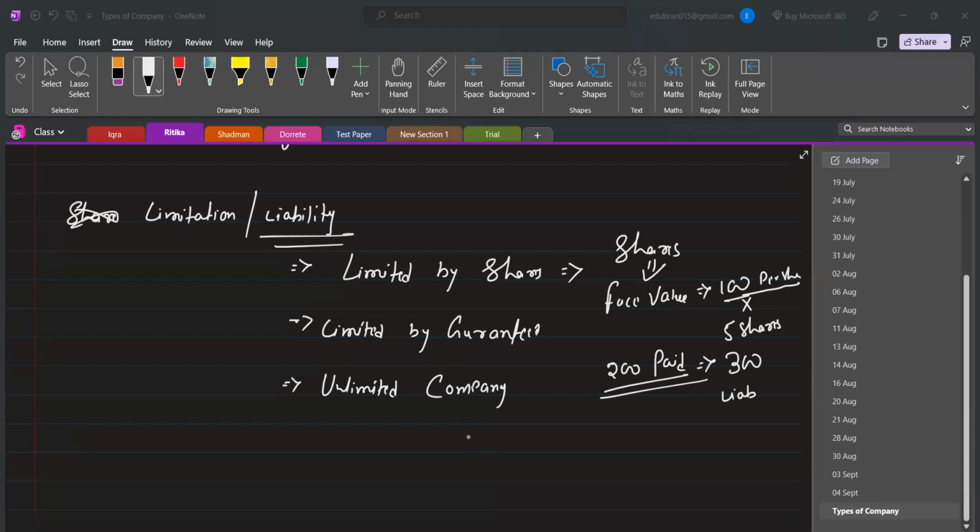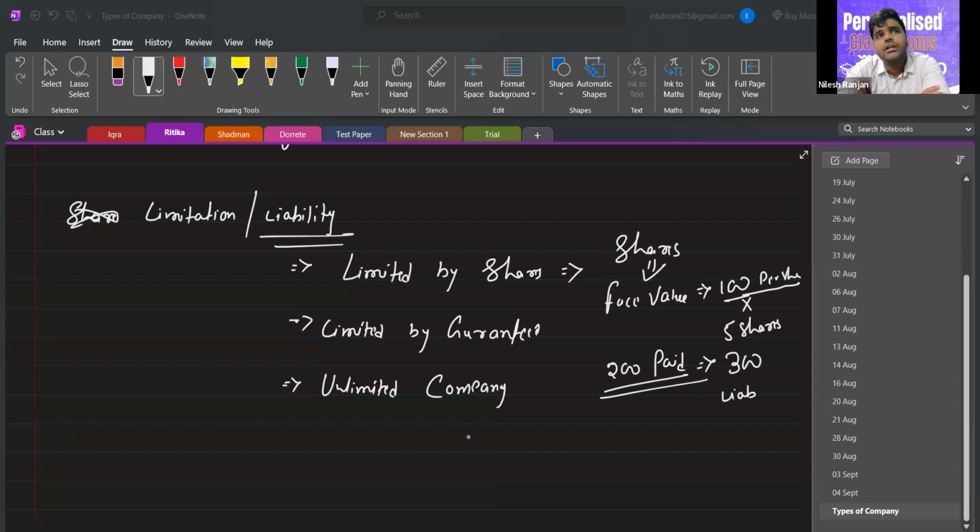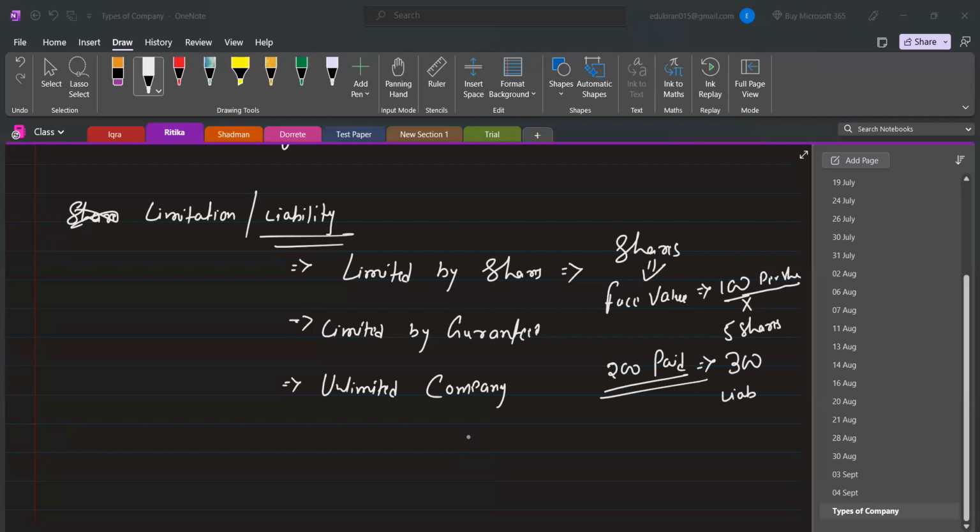Okay, sir. Now, at the end of the year, the company needs 10,000 rupees and they ask you for that money. So will you pay the same amount? We have to pay only 5,000.